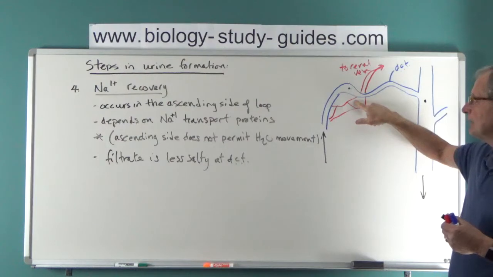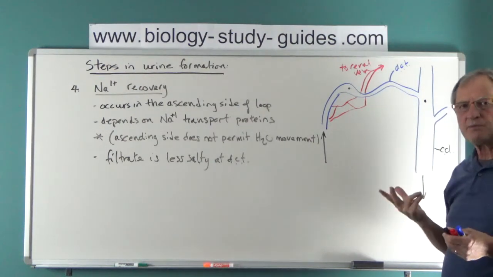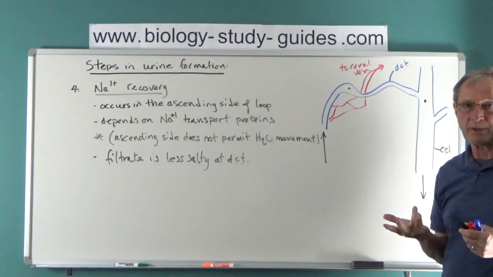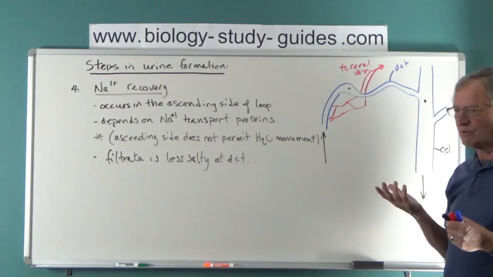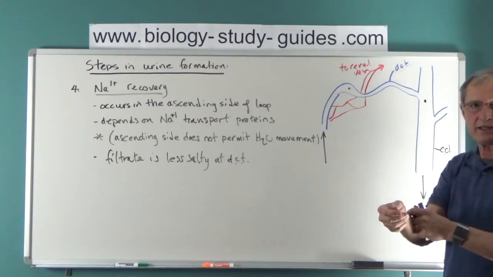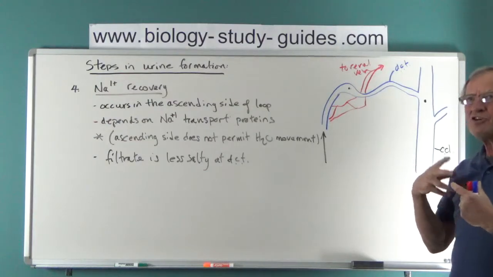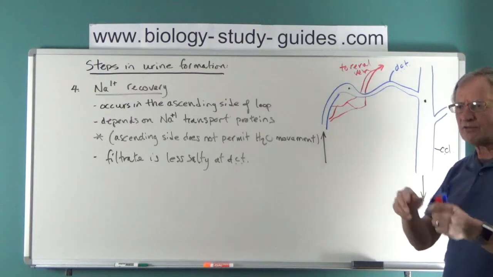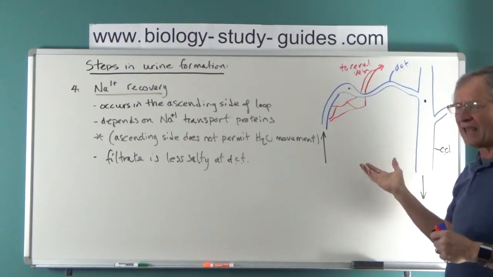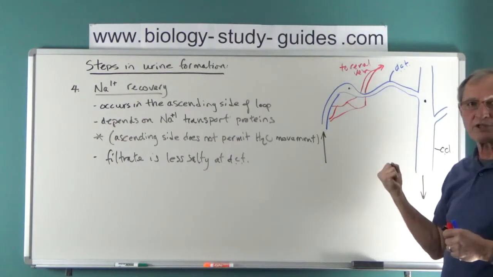And I'll draw your attention to perhaps two of them. We have histamines. Remember, histamines are produced by a certain type of white blood cell in reaction to some sort of an allergy or an infection. It causes tissue swelling, and the histamines make the blood vessels leaky. Well, afterwards, the histamines are drawn off, and they have to get out of your body somehow. Histamines are too big to be filtered out at Bowman's capsule.